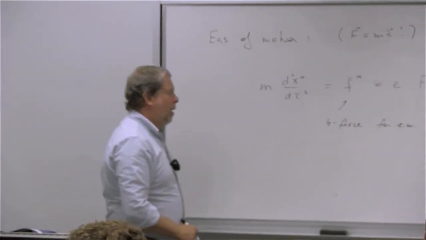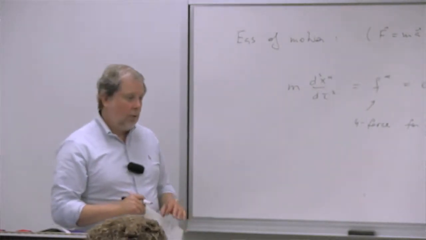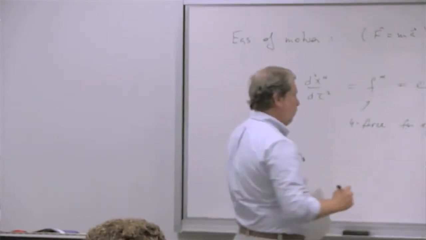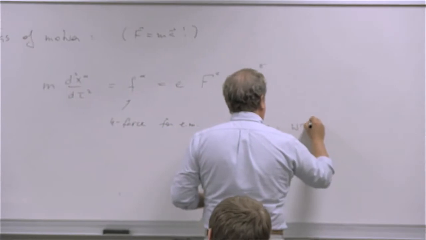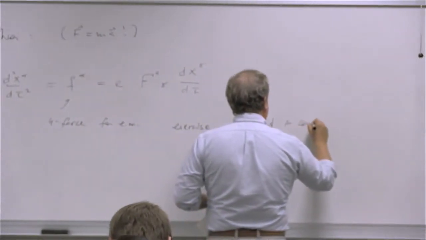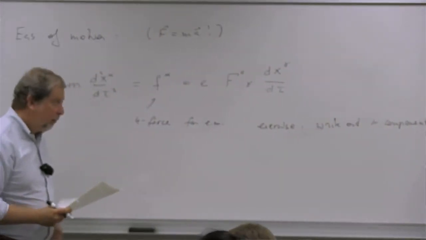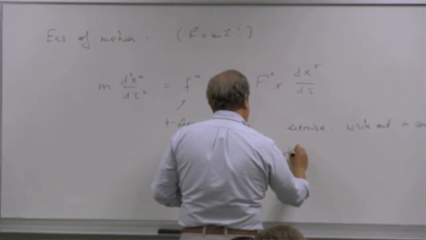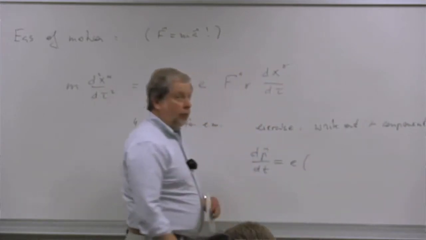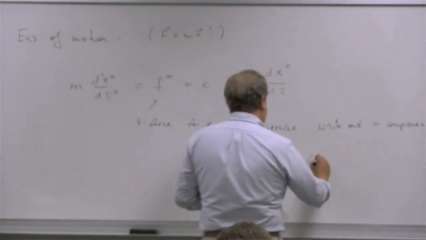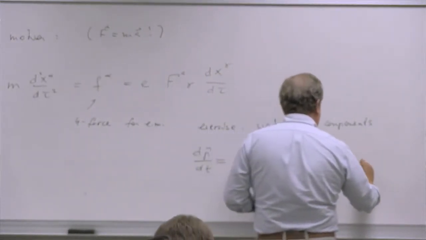And now again, I will leave as an exercise to show that if you write these equations out in components, then you will get dp by dt is equal to E, the electric field, plus V cross B, which is the Lorentz equation.